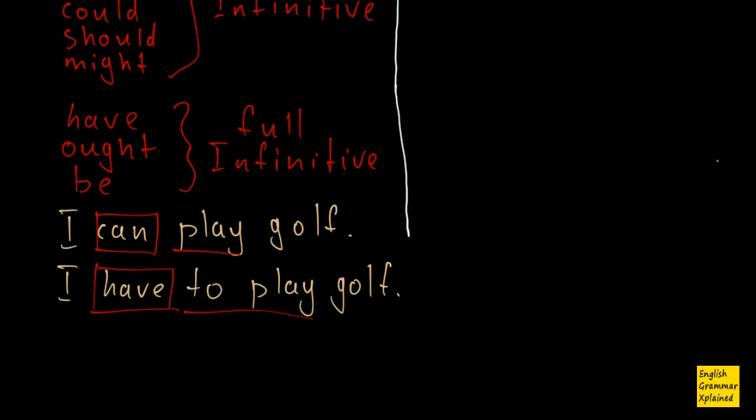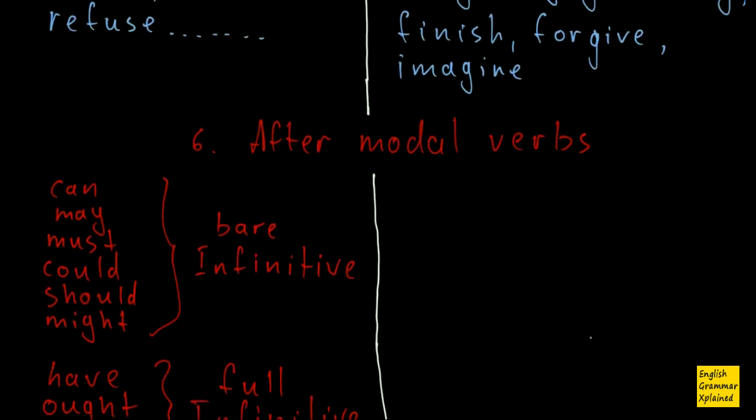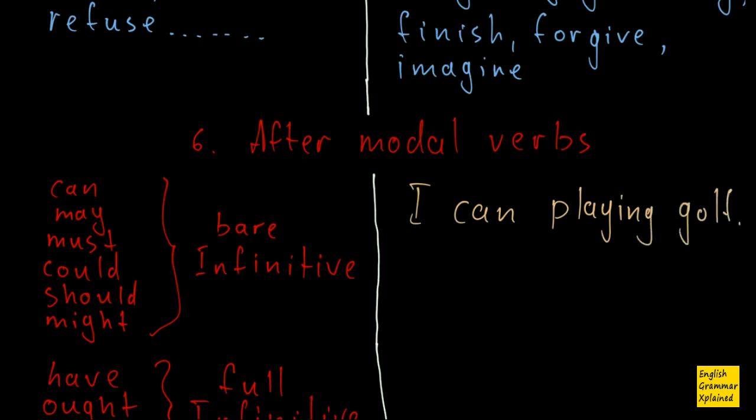Well, easy. What about gerunds? Well, guys, gerund is not used with modal verbs. No way. You cannot say "I can playing golf." That's completely wrong. So, nothing like that is allowed.